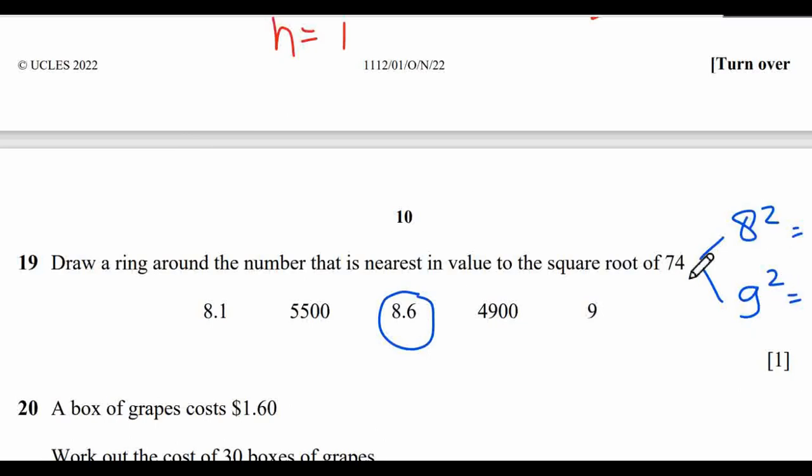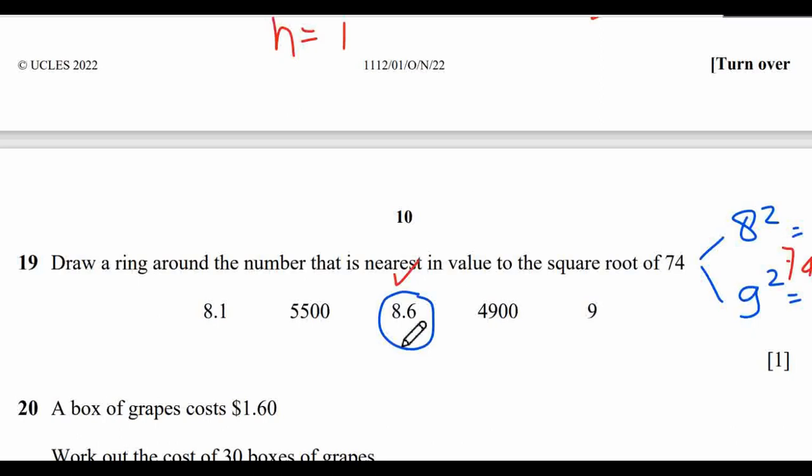So 74 is between 64 and 81. 74 is roughly in the middle between 64 and 81, because we add 10 to 64 to get 74, and about plus 7 to get 81. So the answer should be a number roughly in the middle between 8 and 9. That will be 8.6. That will be our answer.